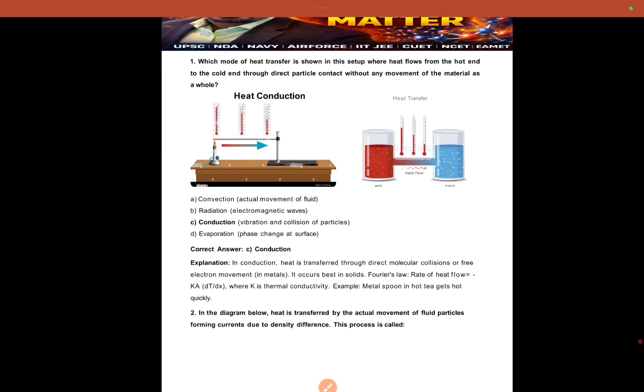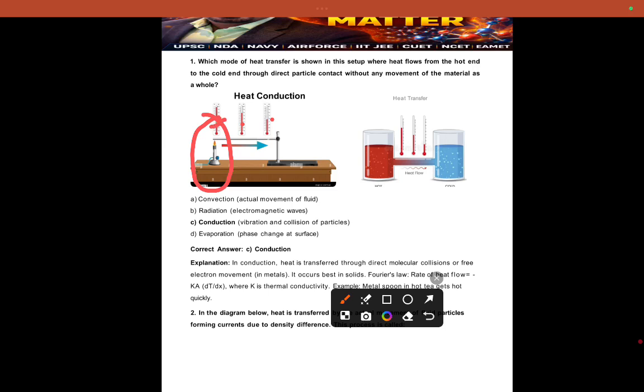Here you can see a candle. With the help of the candle or gas burner or flame, we are heating this metal rod. When we place a thermometer here, you can see heat is transmitted.